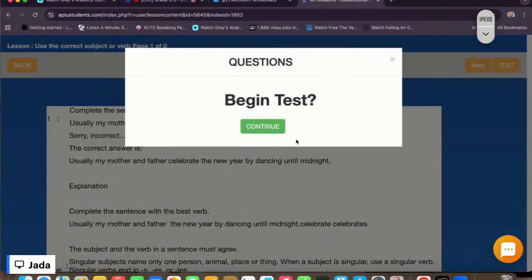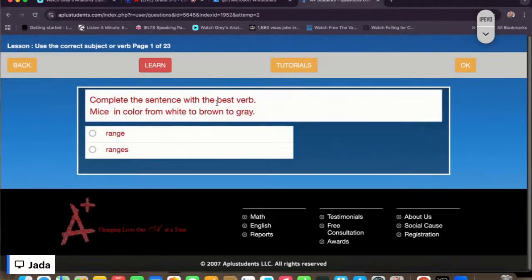Okay, so let's go to the test. You can share your answers with me. Complete the sentence with the best verb. My dash in color from white to brown to gray. Range or ranges?